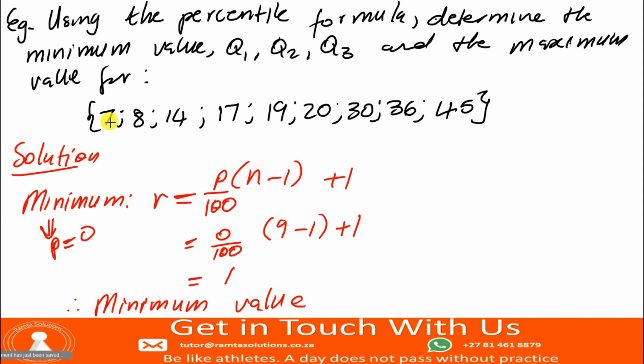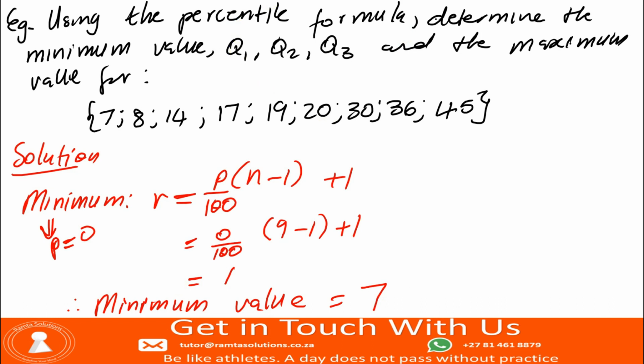It is 7. So our minimum value is 7. I know it's easy to tell from this data set that 7 is the first value, but remember, we were asking you to use a percentile formula. Perfect.